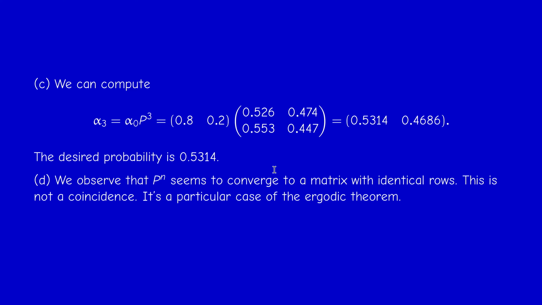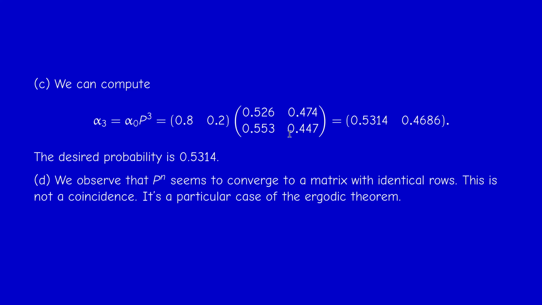Now, already we observe that the rows of P3 are very close together, actually. And if you compute P4, P5, etc., you will convince yourself that you are really converging to a stochastic matrix with identical rows.